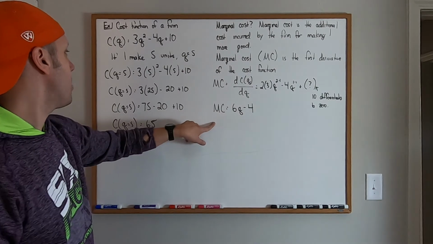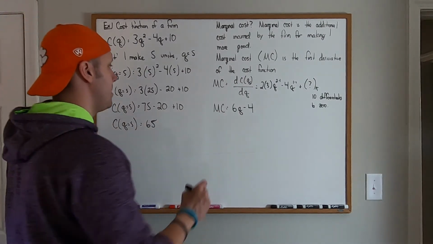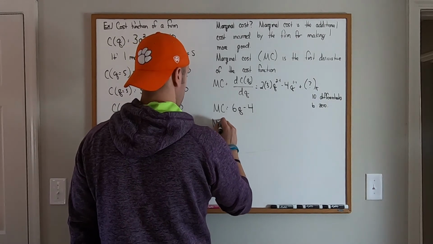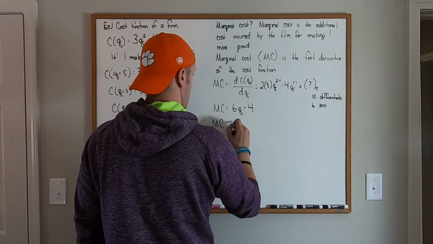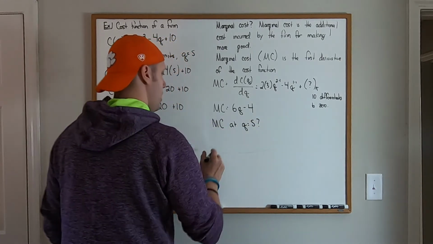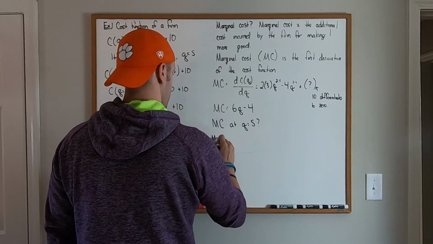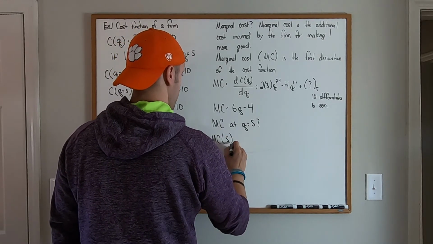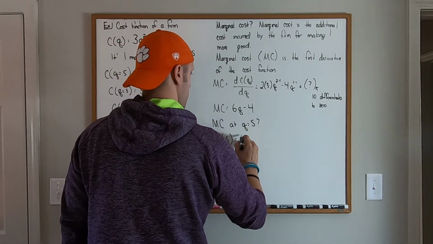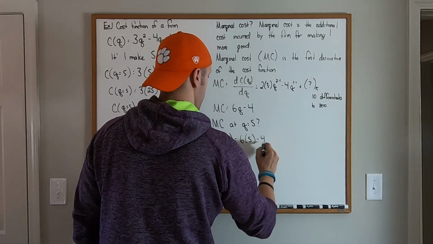Right? What's the marginal cost of making the 5th unit? So the marginal cost, q equals 5. Well, I would plug in 5 for q. Here I would say MC of 5 is equal to 6 times 5 minus 4.